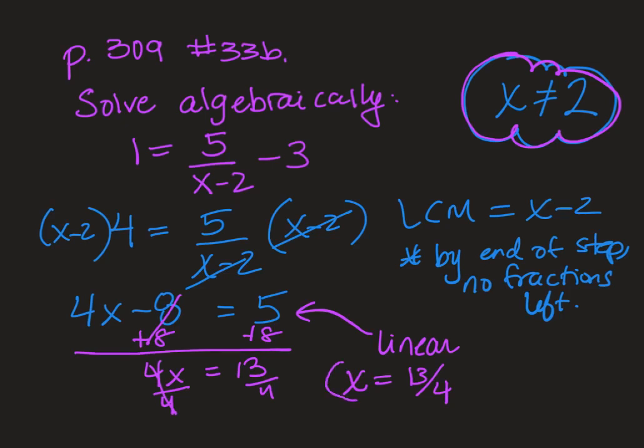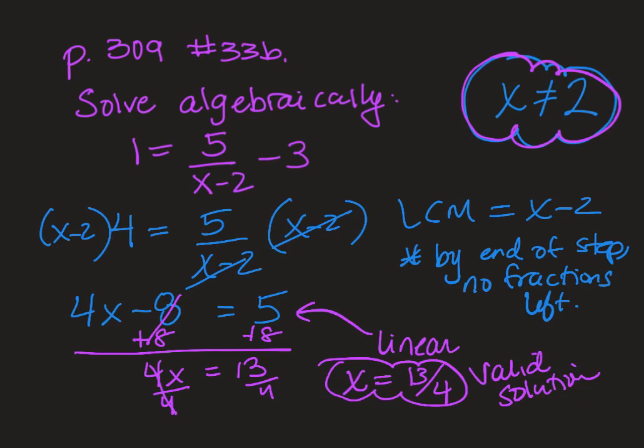So as long as I keep that in mind, this will be a valid solution. I did not get a 2, so I should not have to reject any values. I can always go back up and put the 13 over 4 into my equation to make sure it works, but as long as it's not the value that makes the denominator 0, it will not be an extraneous solution.